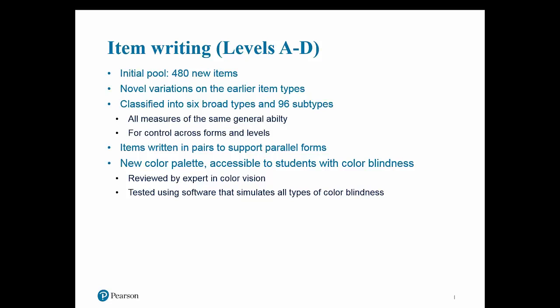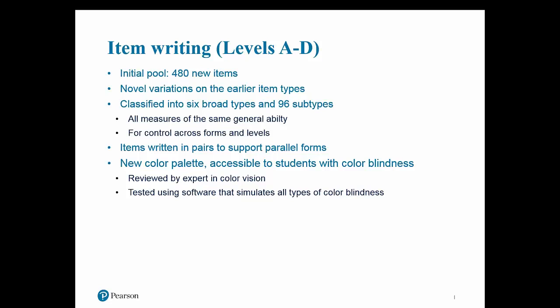And we consider all of these types and subtypes to measure the same general ability factor. This is not a multi-dimensional test, but it was important and very useful to do this classification in order to control the content across forms and across levels.